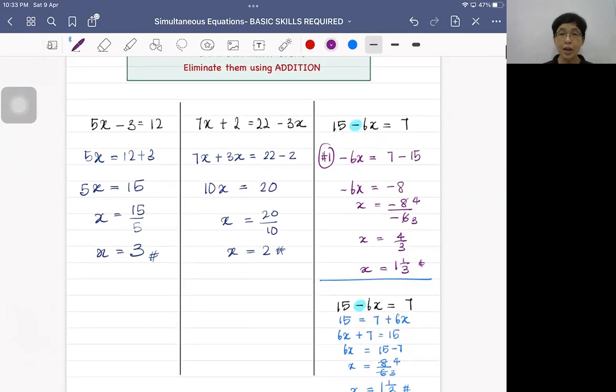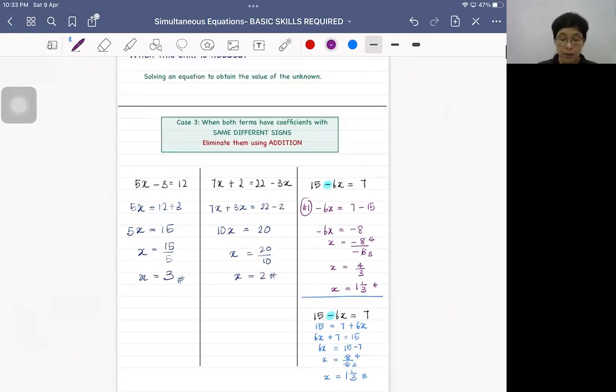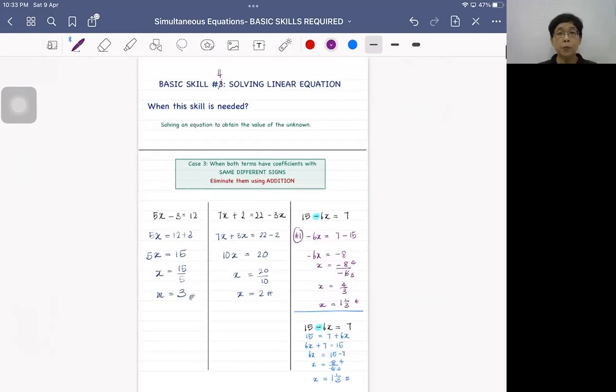These are the 4 basic skills, and after this I'm going to prepare a few examples of different settings of the simultaneous equation. I welcome and encourage you to check out the other videos where I will put up the equations and go through the processes, the steps of how to solve them.